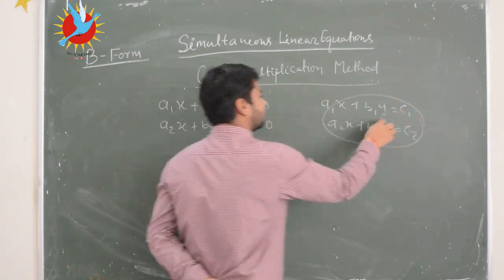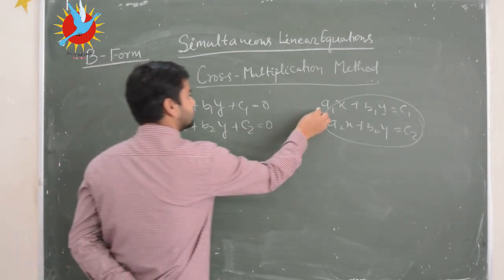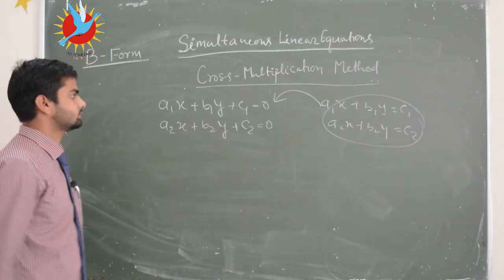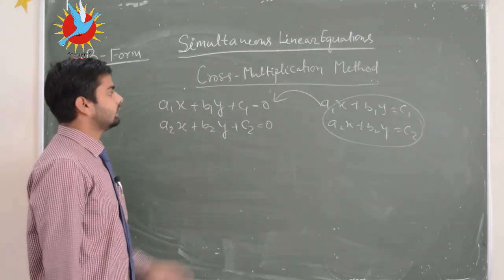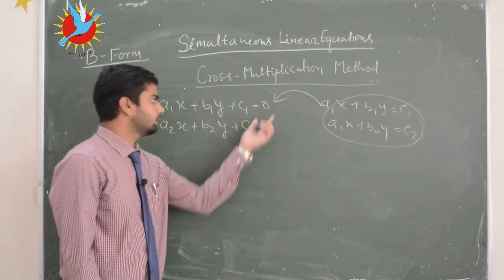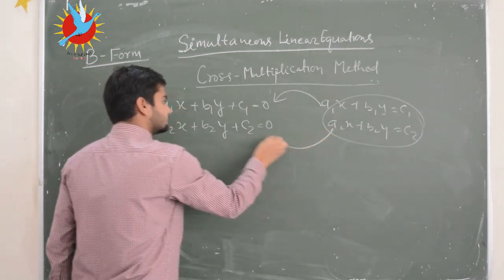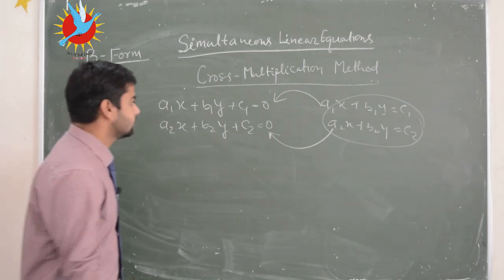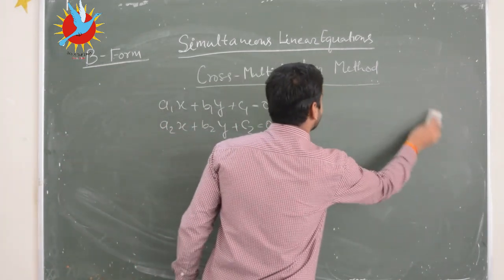But here, first of all, we have to write these equations in the standard form a1x plus b1y plus c1 equal to 0. That means we take all terms to the left side and the right side will be 0. First we write the equations in this standard form, and then we apply this technique, that is the cross multiplication method.